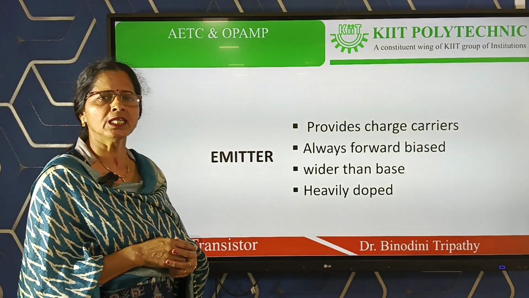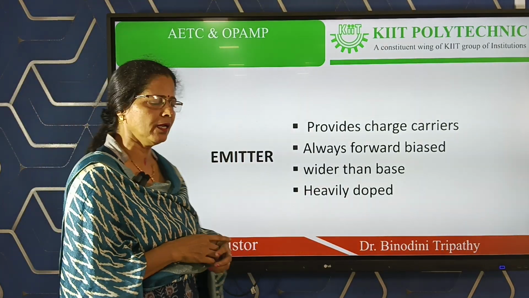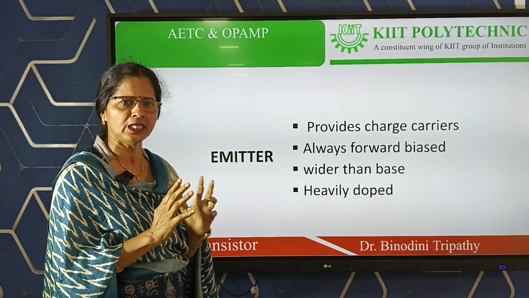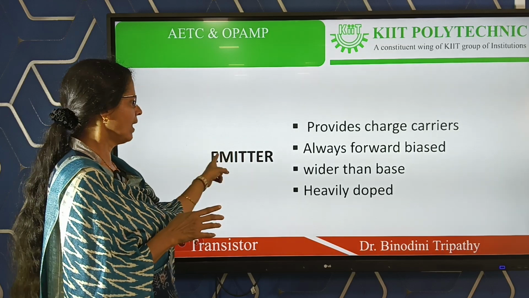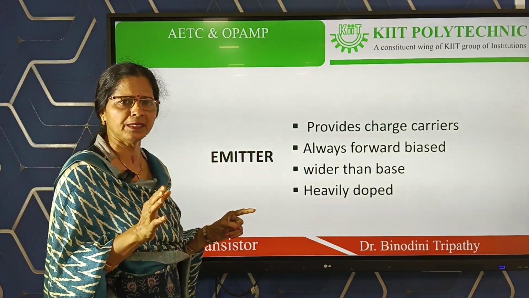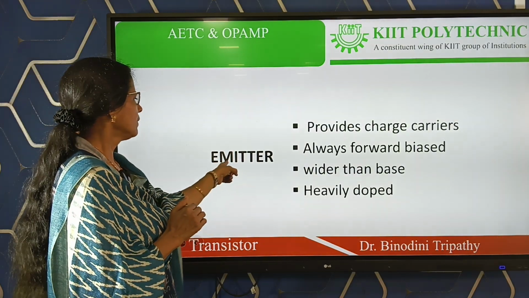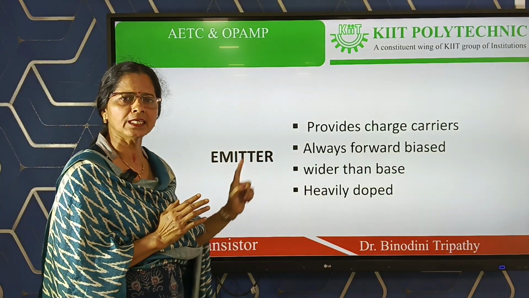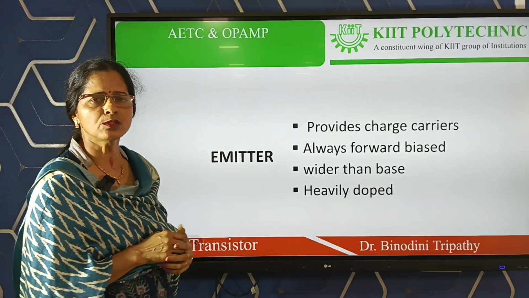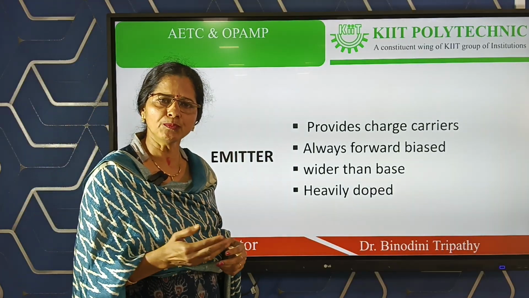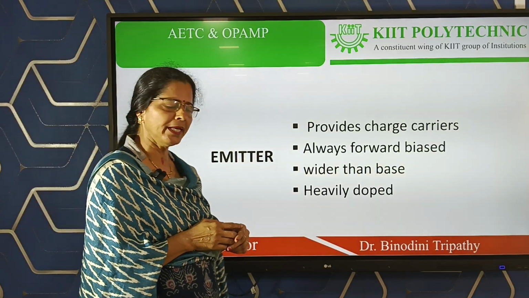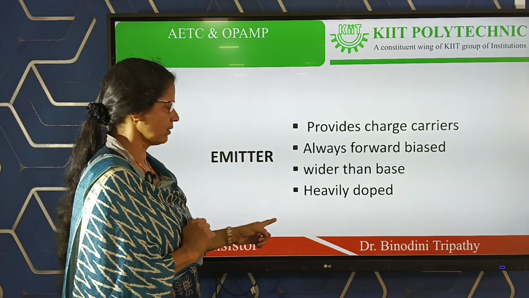Before going inside the transistor in detail, we have to know the basic idea about the three layers of the transistor. One layer is known as the emitter, second is the base, and third is the collector. What about the emitter? The basic requirement of an emitter is that it should be heavily doped, and its width is greater than the base but less than the collector.